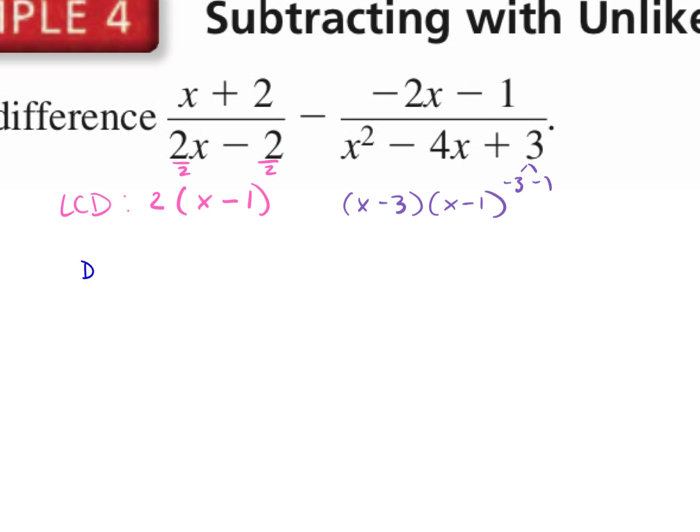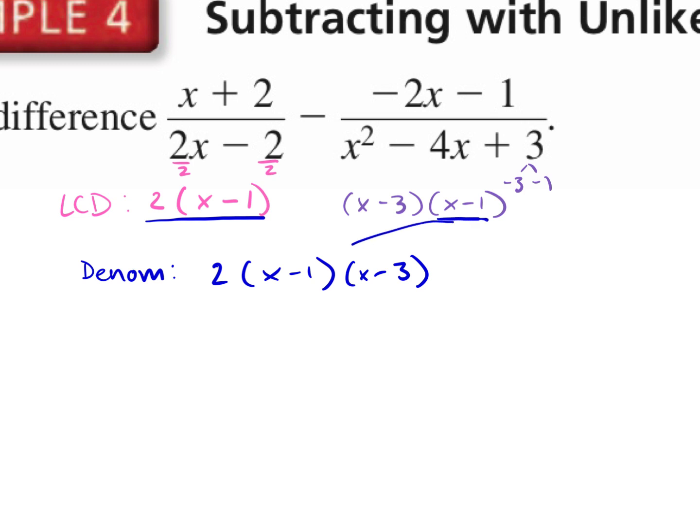So for our denominator, we start by listing everything in the first one. So I have 2 and x minus 1. What else do I need to include for my least common denominator? X minus 3. Do I also need to write the x minus 1? So I have an x minus 1 here, but it's already listed here.